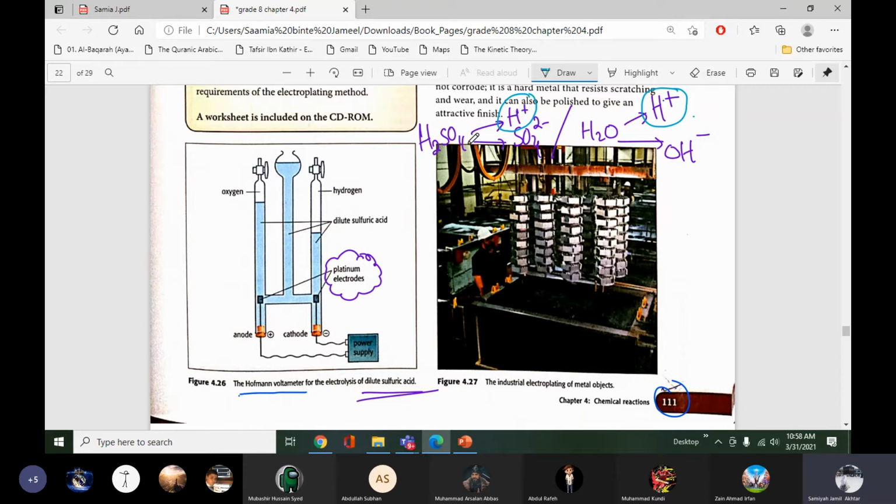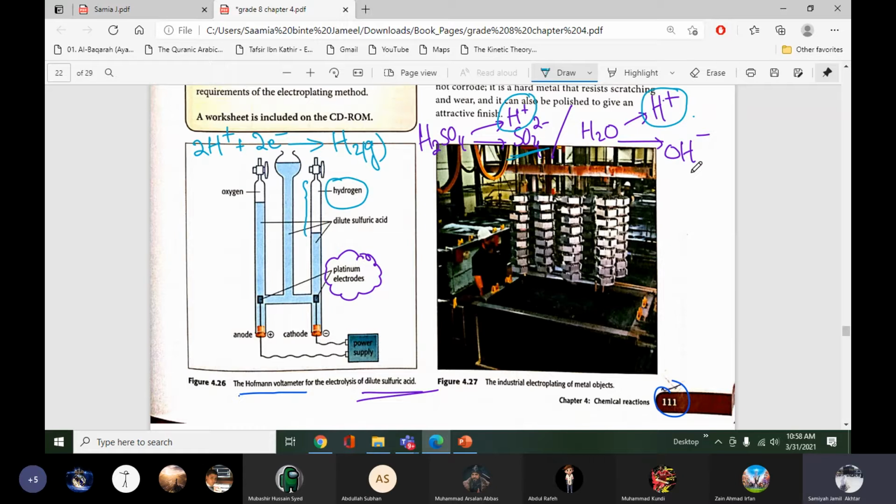So at cathode side, hydrogen gas is formed: H plus ions will take 2 electrons and become H2. So we will see hydrogen gas on cathode. This is reduction.